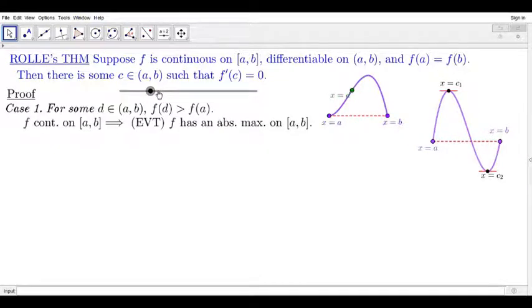Well, because from the first condition, f is continuous on the closed interval [a, b], then according to the extreme value theorem, our function f should have an absolute maximum on the closed interval [a, b]. But of course, it's also true that f would have an absolute minimum.